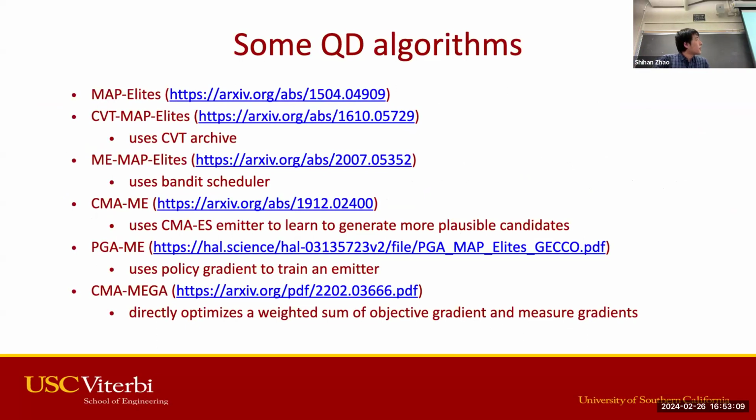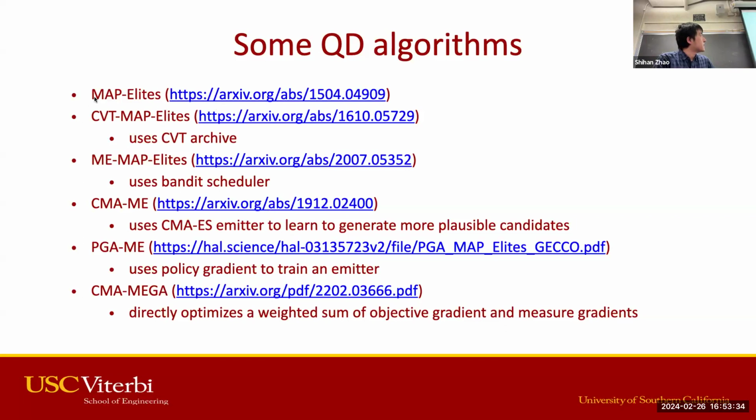Okay, and now here I list some of the QD algorithms. Here we have MAP-Elites, and here we have some other improved versions of the algorithms. I don't have the time, unfortunately, to go over all of them, but here are the links, and you can check them out if you're interested. And I've also added one-line descriptions to describe the main innovation of these algorithms.